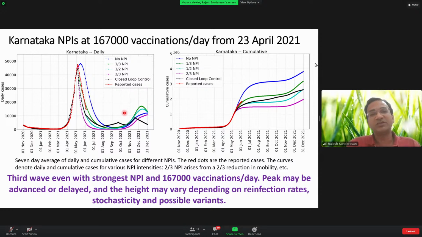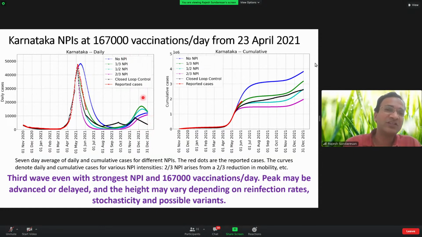The thing to note is that this is for the full state simulation, where the vaccination capacity is 1,67,000 per day. This was the average number of first doses that we were able to give between the 1st and the 14th of April. So we have assumed that we'll be able to maintain that capacity.